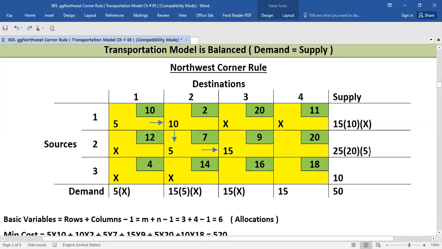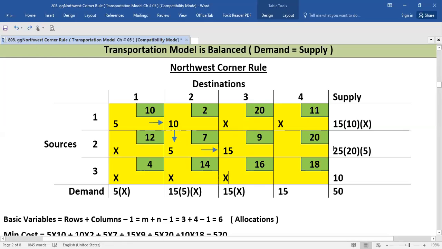I am repeating this again and again, that how the allocation is made, how the things are left behind. Now, as you notice that here we have a cross sign. So in this column, is there any blank cell? Yes, of course, there is a blank cell. So you will put a cross sign in the blank cell. It shows that this column is now complete. You see that this is 15 and this is 15.